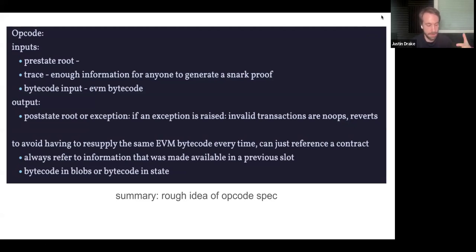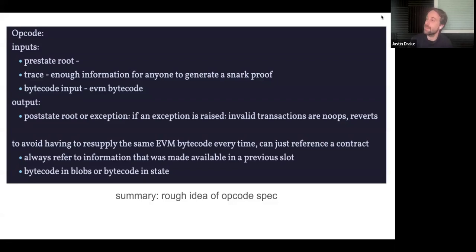So the trace needs to include Merkle paths or Verkle paths, or at the very least, the state leaves that are being accessed. I guess the Merkle paths can be compressed.